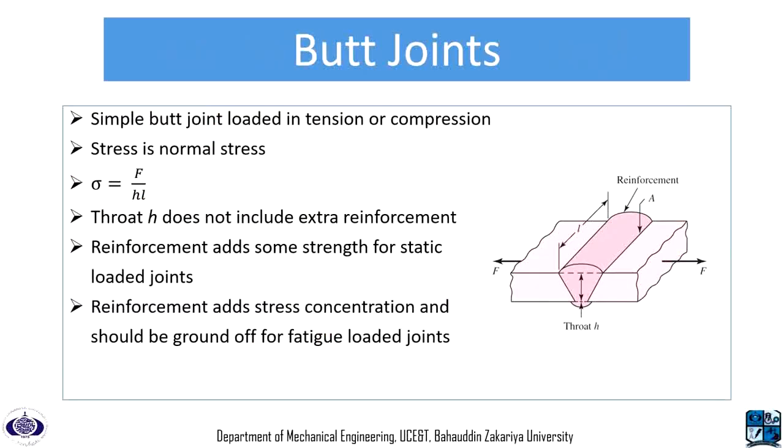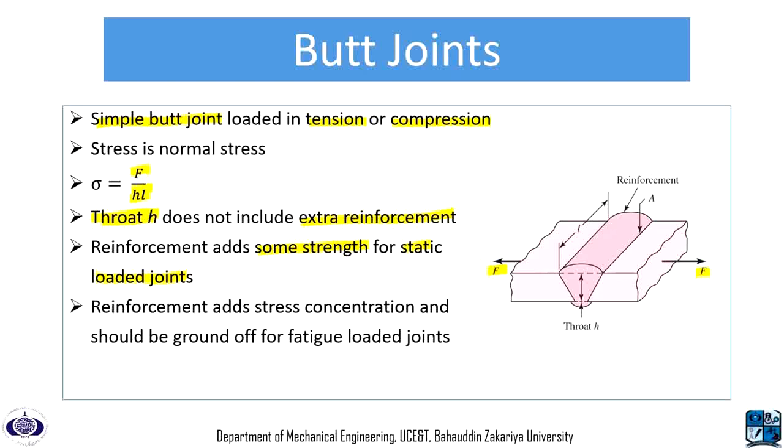Here is the summary of our last slide, and you can see a butt joint or groove weld being applied with a tension load. So if a butt joint or groove weld is in tension or compression, the formula will be F over A, where A is H into L and H is the throat of the weld. But throat does not include the extra reinforcement, because the extra reinforcement might add some strength for static loaded joints.